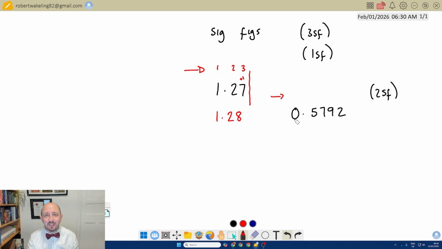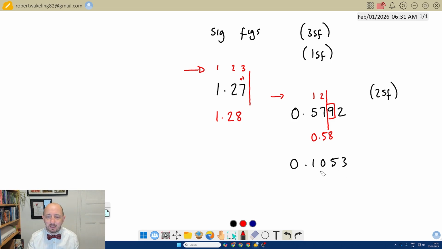We only start counting significant figures once we hit a digit that is not 0. So 0, we ignore this. 1, 2, like that. There's our second significant figure. Cut off here, 0.57, but because of the 9, 0.58, we round up.